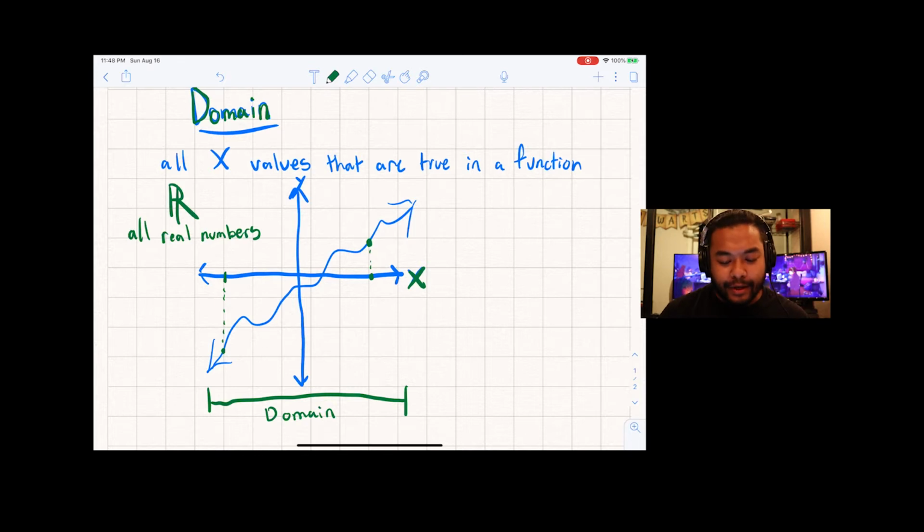So in this particular example, the x values just cover everything. They cover every single real number that's possible on the x-axis.